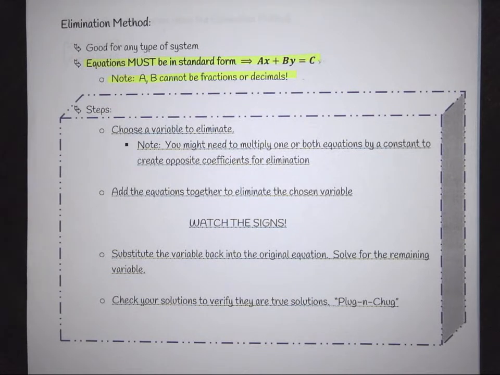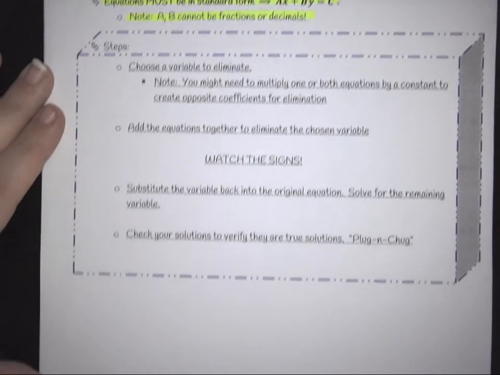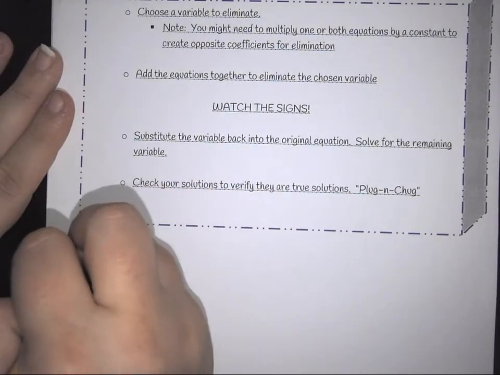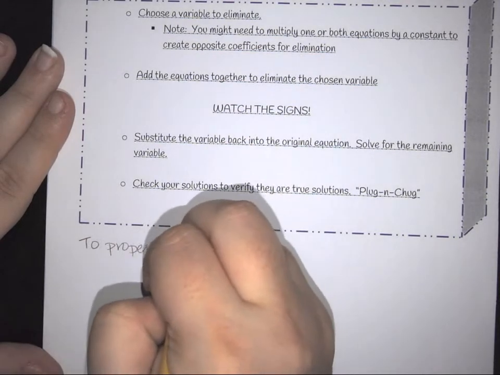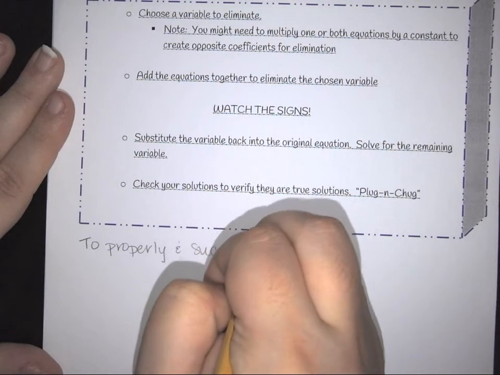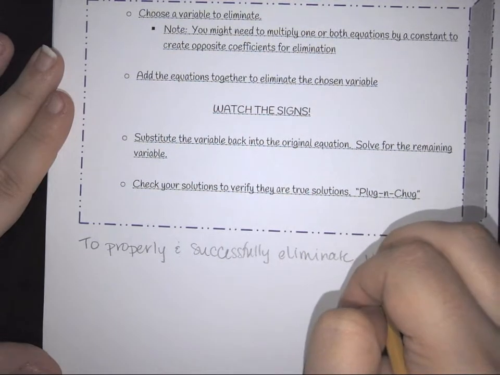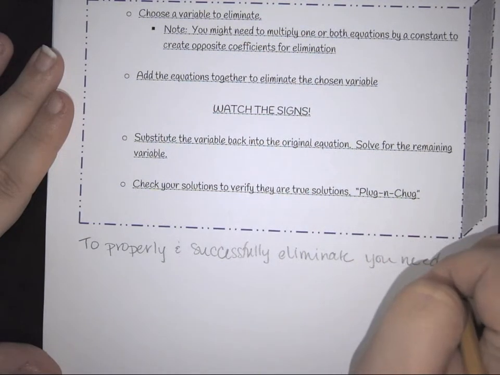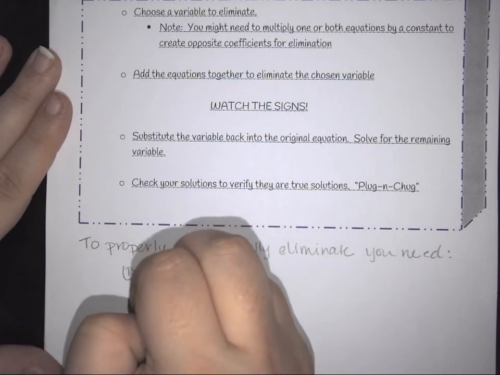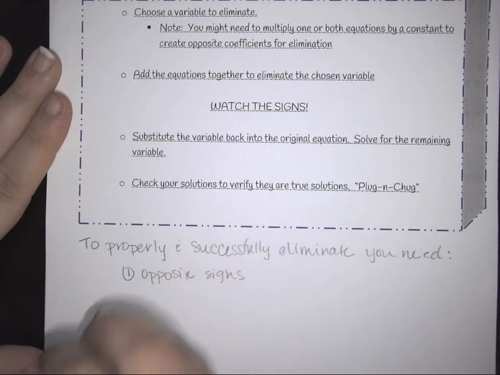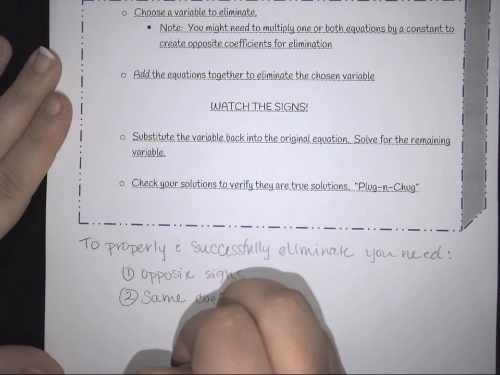A couple rules that you have to follow for eliminating a variable is that to properly and successfully eliminate a variable, you need, first, opposite signs, and second, the same coefficients.